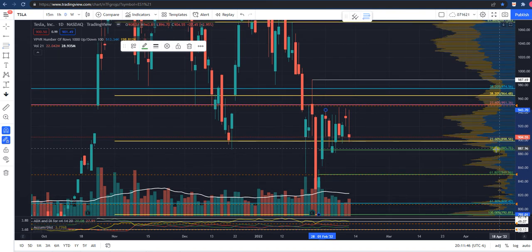And so now we see that the shorter term level that we just drew in green, that 38.2, is right here at 885.75. So we have a couple solid support levels here within range, and there's still volume here at the lower end of this node that it's kind of caught into.